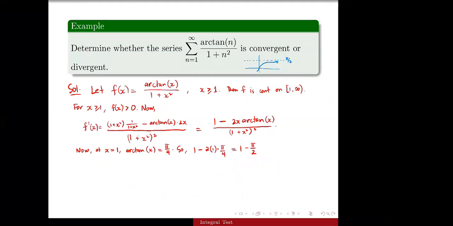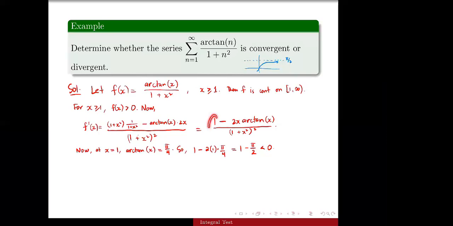And pi over 2 is approximately 3.1415 over 2. Pi over 2 is greater than 1. So this is less than 0. So at least we know at x equals 1, the numerator is negative.